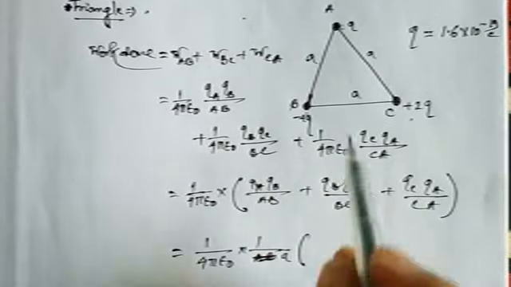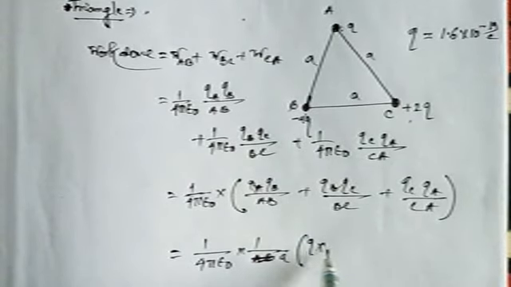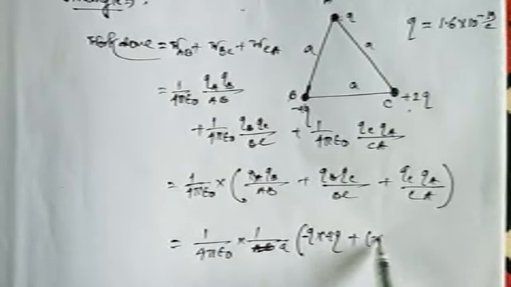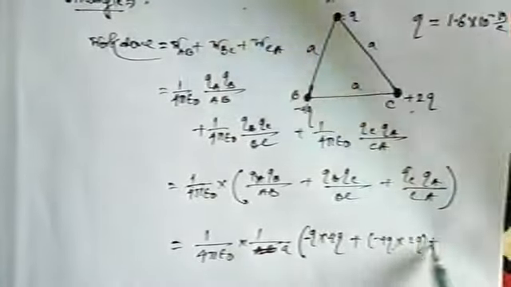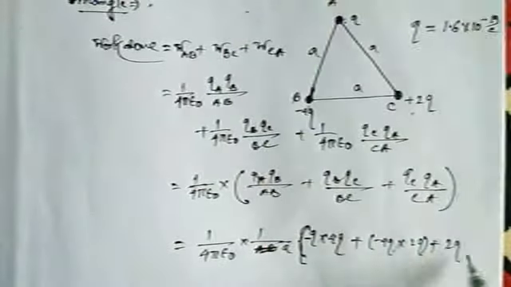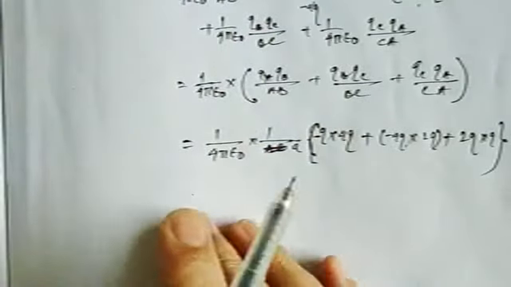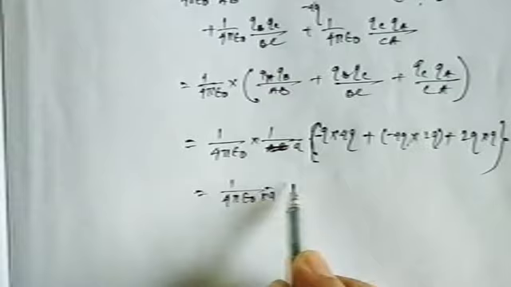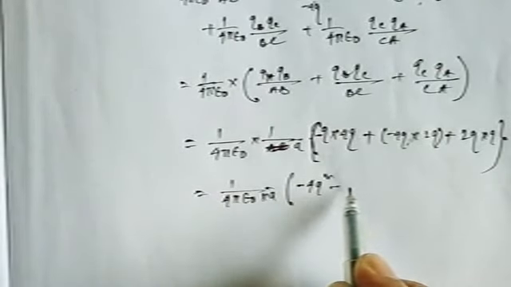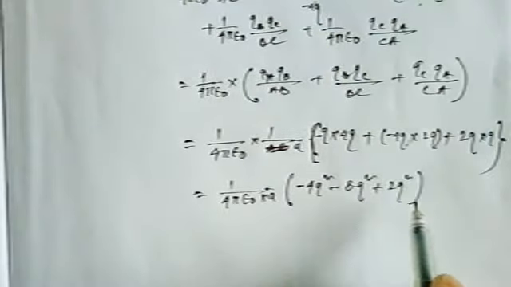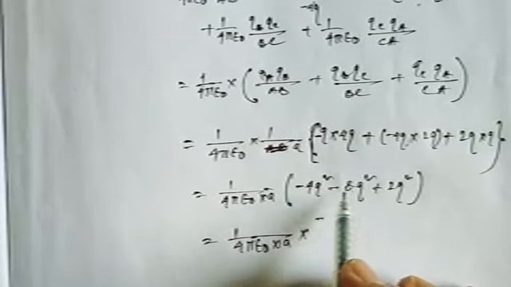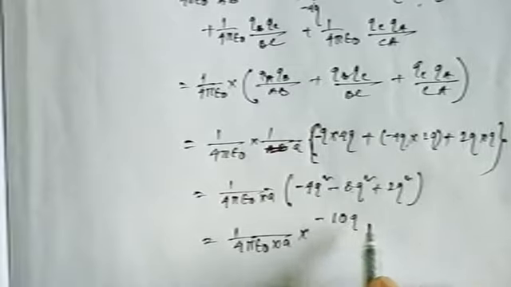QA is Q, into QB which is minus 4Q, therefore minus 4Q, plus BC means minus 4Q into 2Q, plus 2Q into Q. Therefore this total can be written as 1 by 4 pi epsilon naught into A, within bracket minus 4Q square minus 8Q square plus 2Q square, and hence it will be 1 by 4 pi epsilon naught into A into minus 8, 12, 2, means minus 10 Q square.